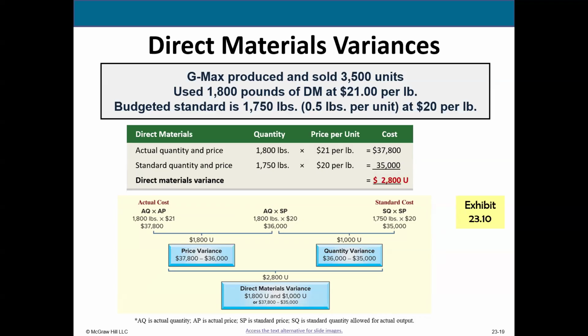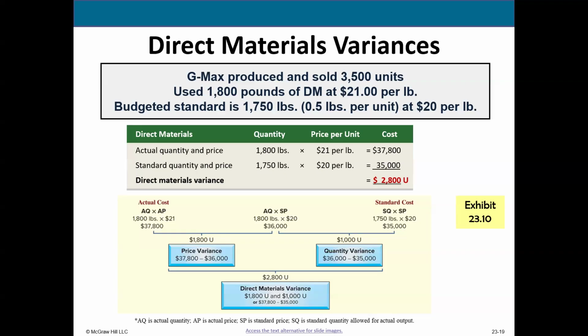So we're going to take our data and apply that accordingly. The first thing that we'd want to do is calculate the actual cost. Pretty simple to do. We take the actual quantity times the actual price. Now we actually purchased 1,800 pounds of wood at a cost of $21 per pound. That gave us an actual cost of $37,800.